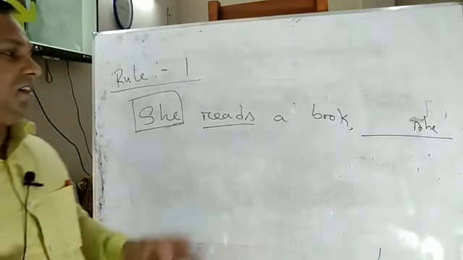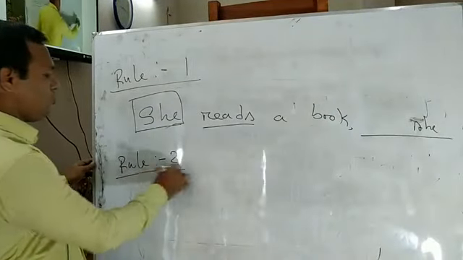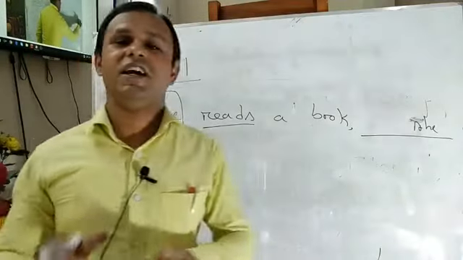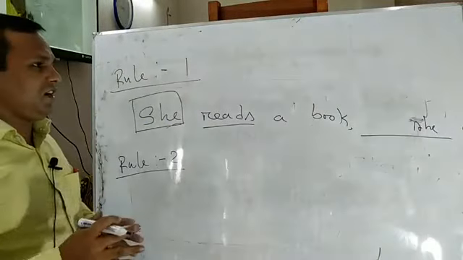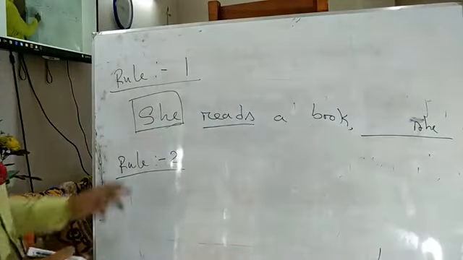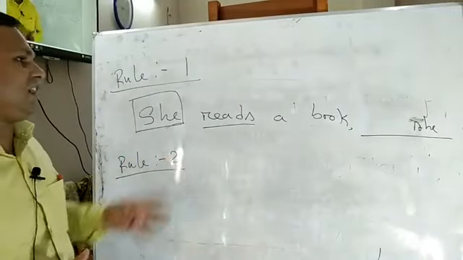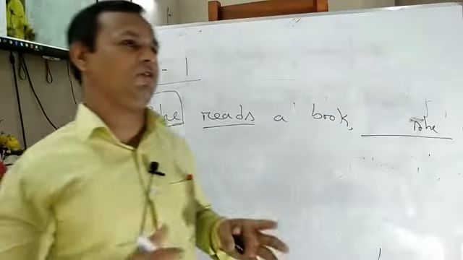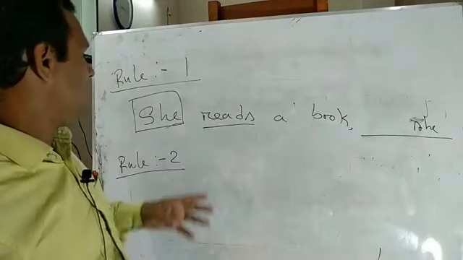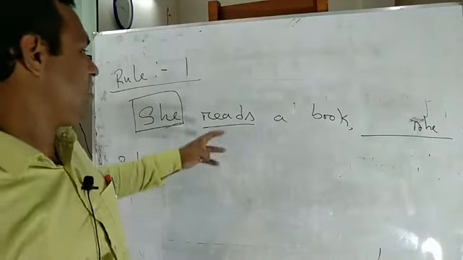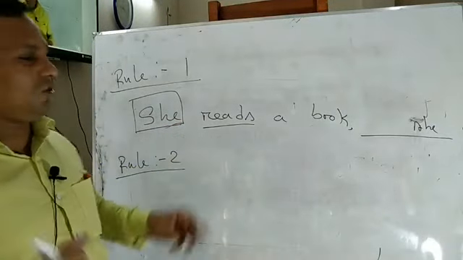Dear students, then rule number 2. You have to take an auxiliary verb or auxiliary verb plus not and its contraction form. You have been taught that if the sentence is affirmative, you have to write the auxiliary verb plus not in its contraction form.